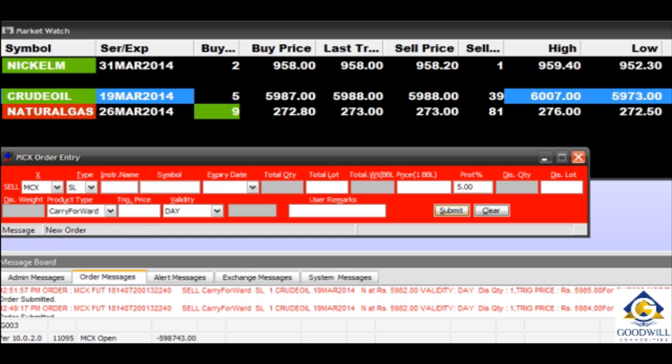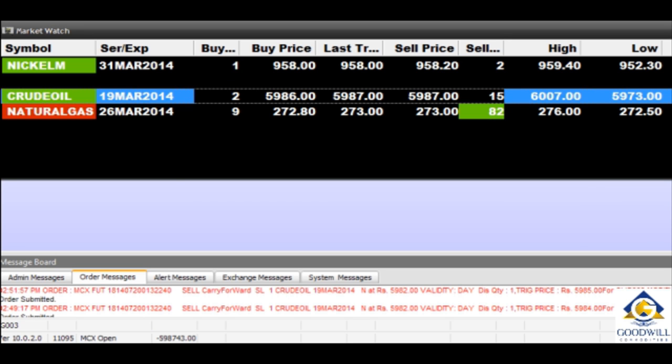So I did it since the price was moving straight away. Now closely monitor that. Now the buy price is at 5986. The set condition was at 5985. Our stop loss will be triggered with a set condition till 5982. We had set that condition.